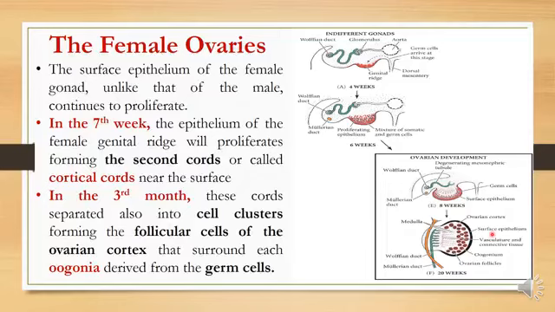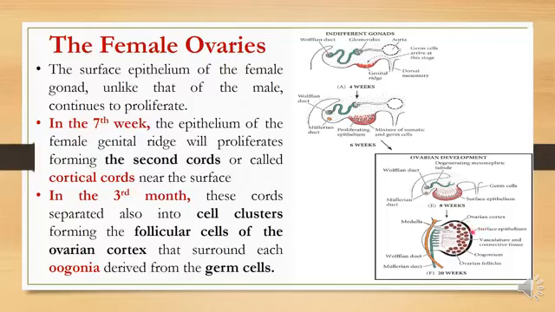In the 7th week, the epithelium of the female genital ridge proliferates, forming the secondary cords, which are called the cortical cords. In the male, the secondary cords are absent.